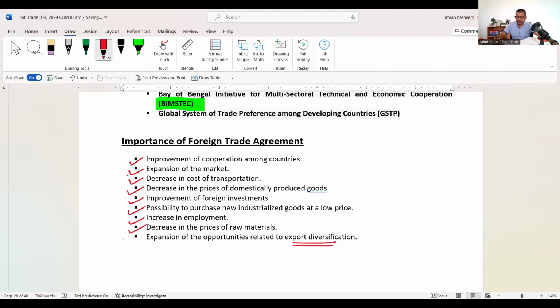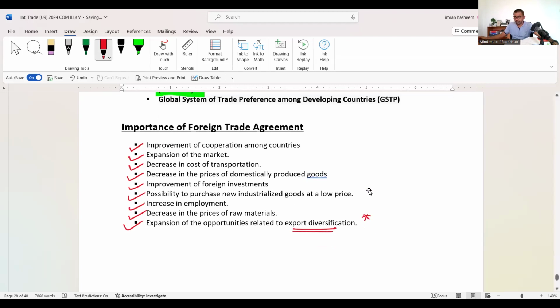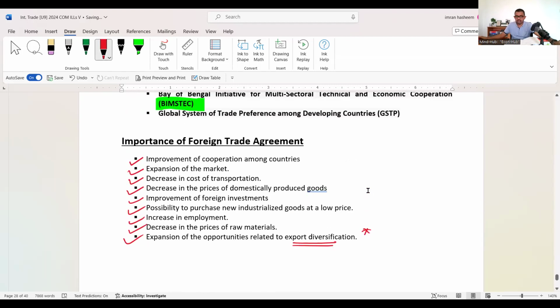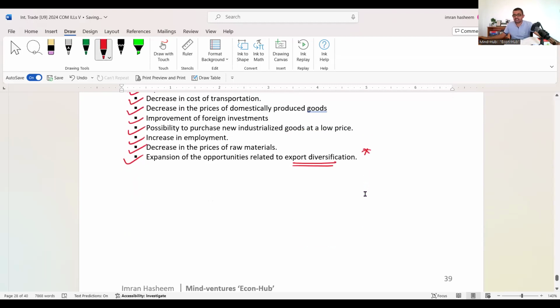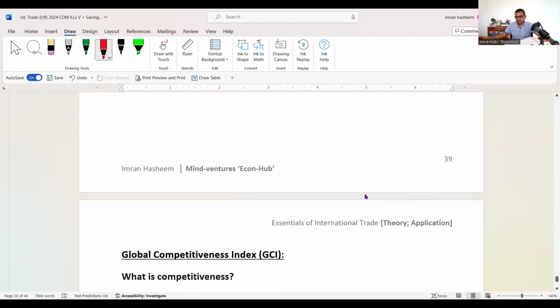We can diversify exports. That's a big element there, export diversification. Are we clear? Remember at least 6 or 7 points for the importance of why we need to go into trade agreements and why the government is trying as much as possible to get into trade agreements.